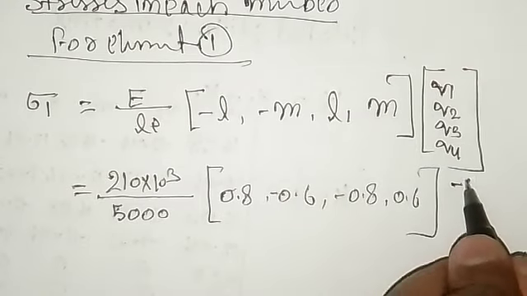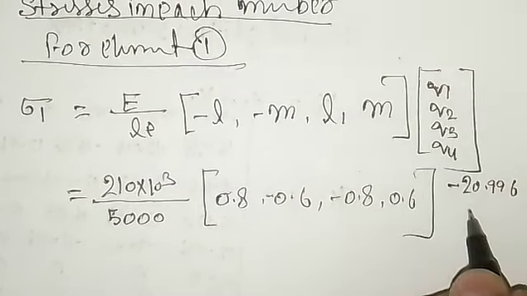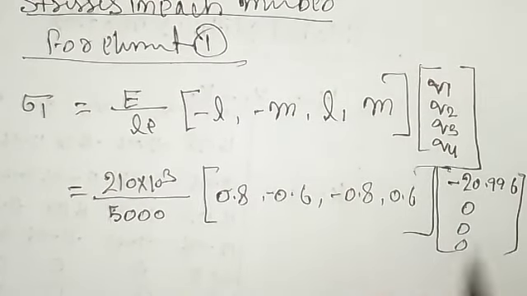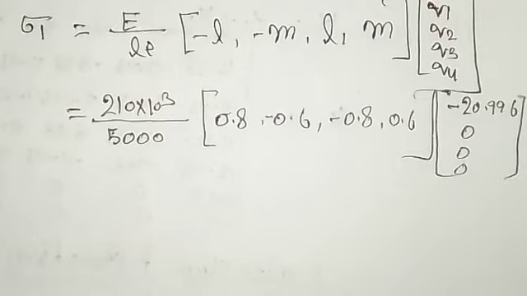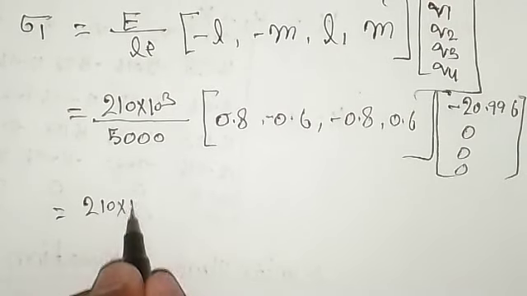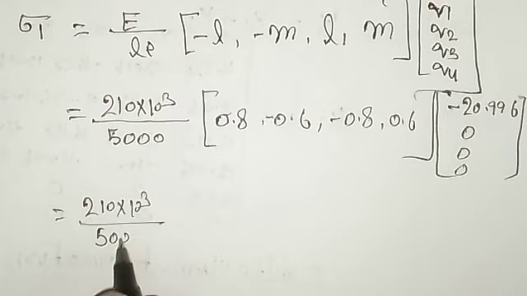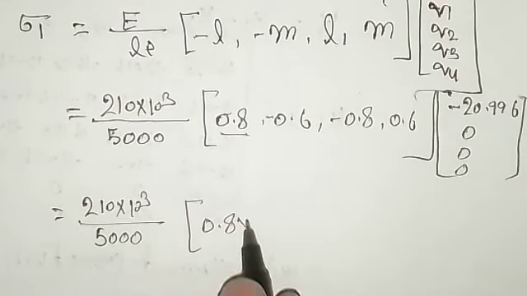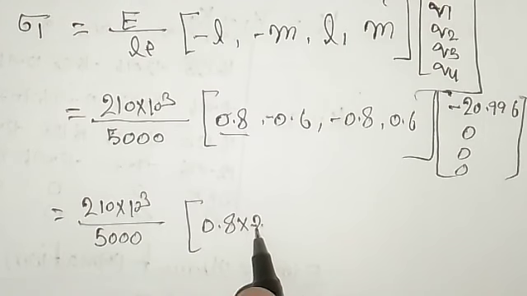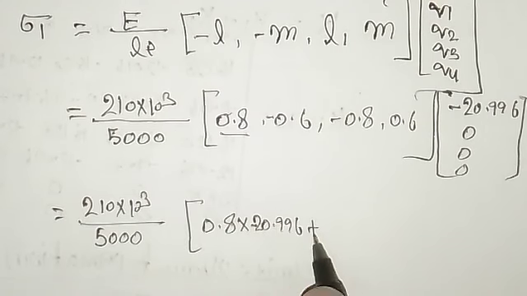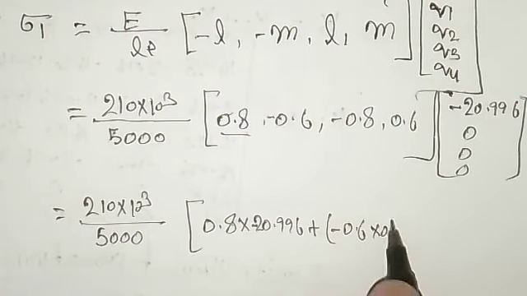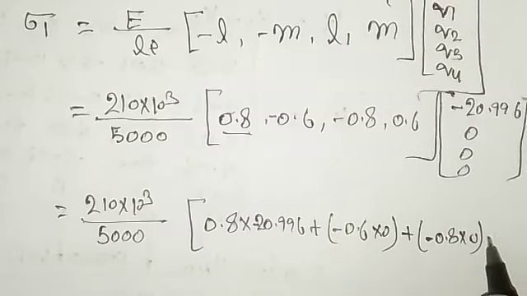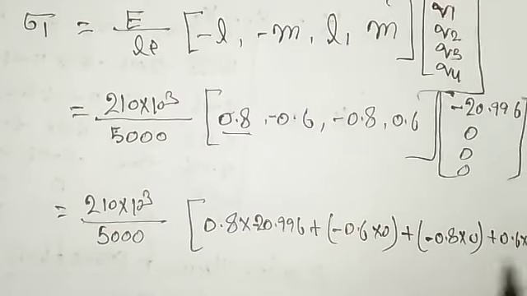Q1 value we calculated is minus 20.996. Q2, Q3 and Q4 are 0, right? So you can simplify that. This is 210 into 10 to the power of 3 by 5,000, right? And this value will be multiplied: 0.8 into minus 20.996 plus minus 0.6 into 0 plus minus 0.8 into 0 plus 0.6 into 0, right?